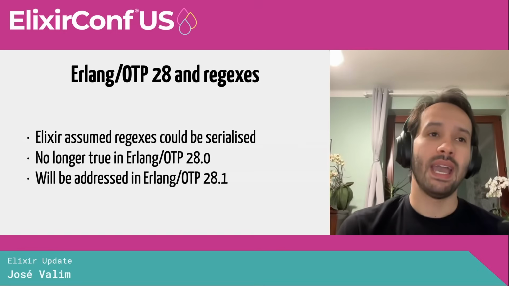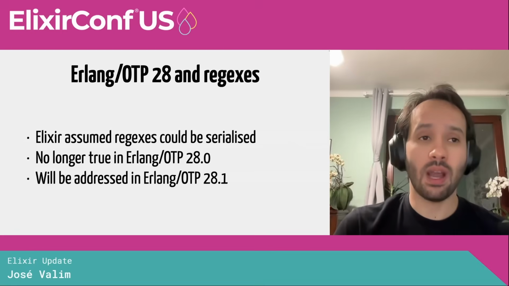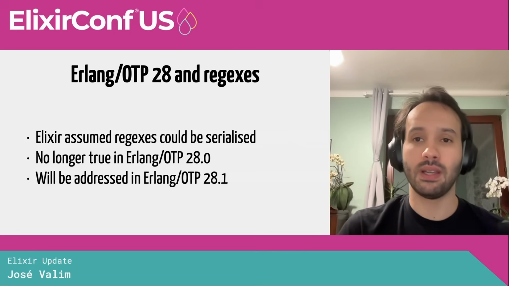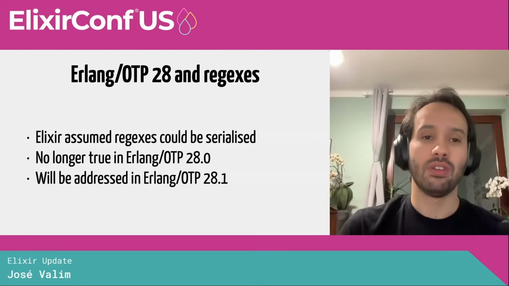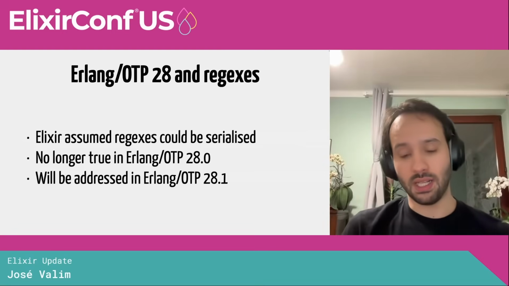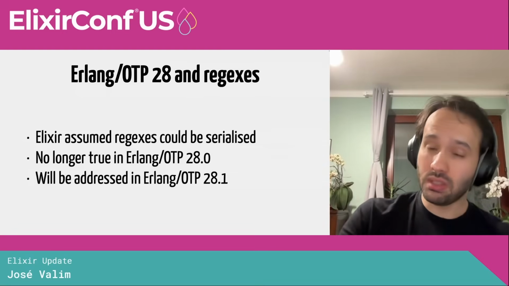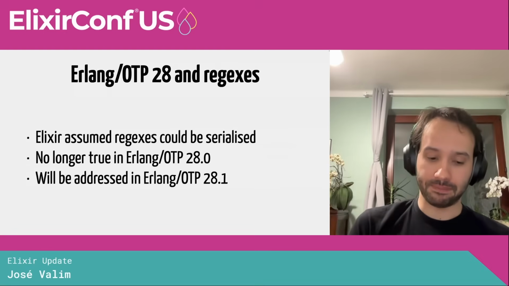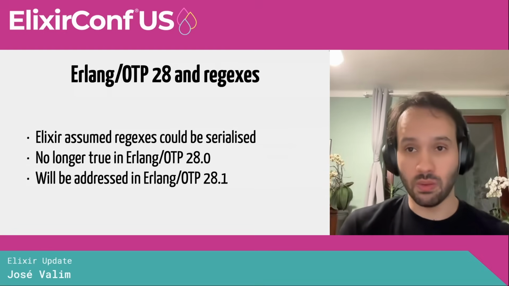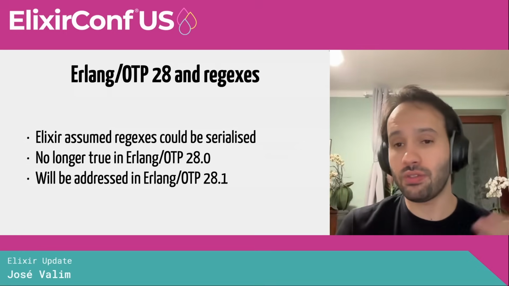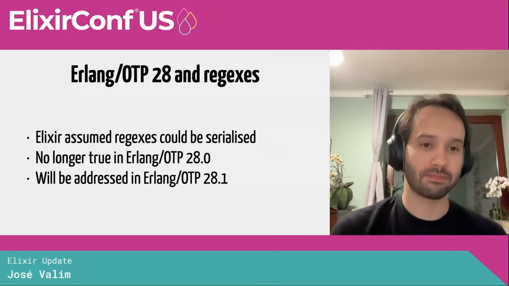However, the Erlang team has been very helpful and they're adding new APIs to support our use cases. So the goal is that when Erlang OTP 28.1 is out, it will just work with Elixir 1.19. We're not going to see breakage in packages or in your application.